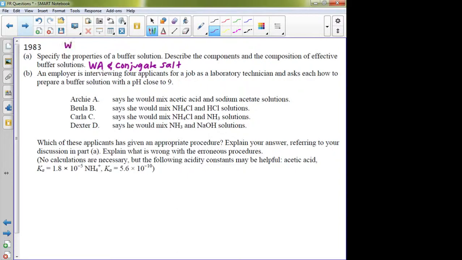Or I can also take a weak acid and add about half the amount of moles of a strong base. Or I can take a weak base and add about half the amount of moles of a strong acid. Or I can take a weak acid plus a weak base. Now, would you have to write all of them on the AP exam? No. Just choose one. But you do need to understand that all of these can make buffers.